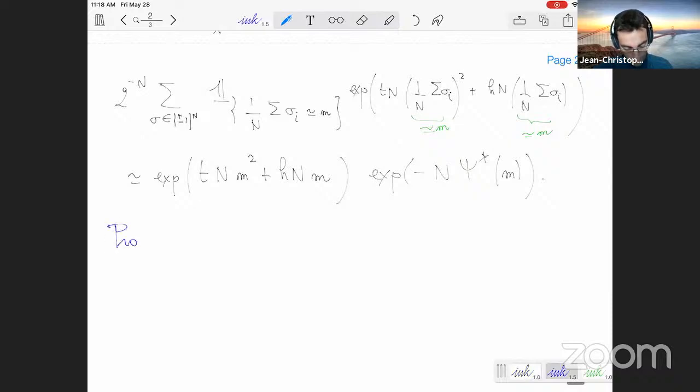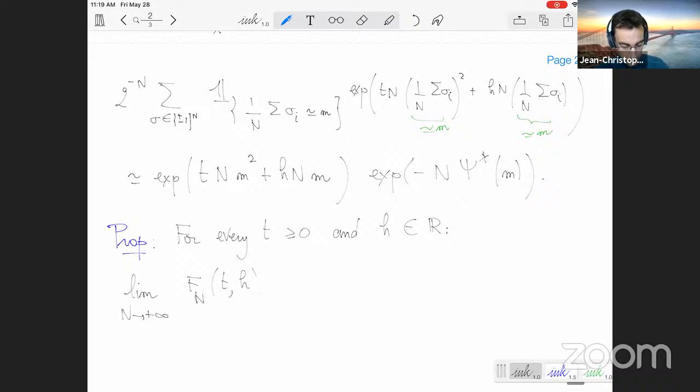So, proposition. The limit when n goes to infinity of fn of th. Remember that fn of th is the global sum here, without the indicator function, of which we take the log and then we divide by n.